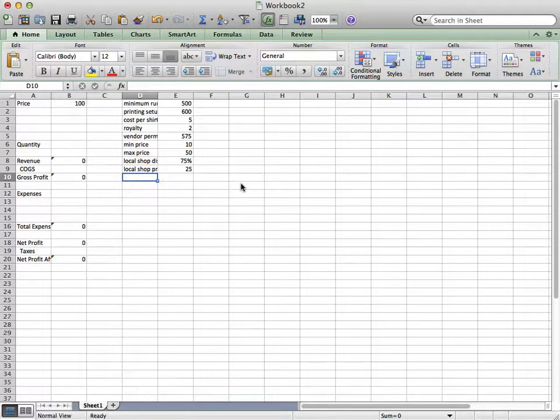Now there's the issue of advertising. If she uses the advertising, so the using advertising sales percentage, she will sell shirts to 15% of the people at the show.